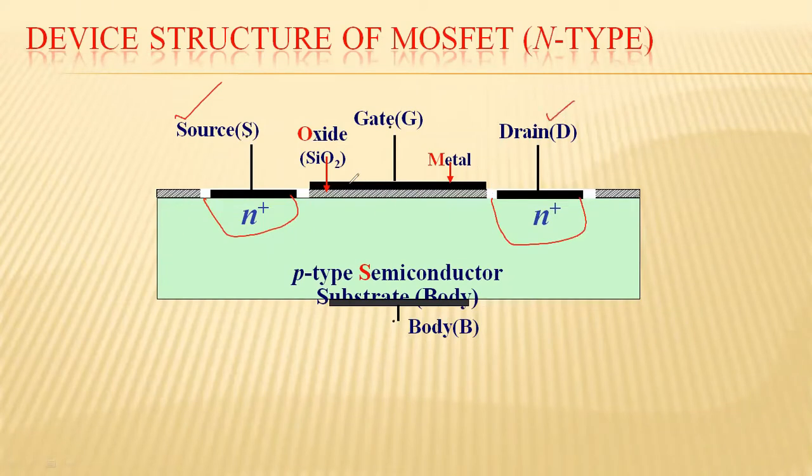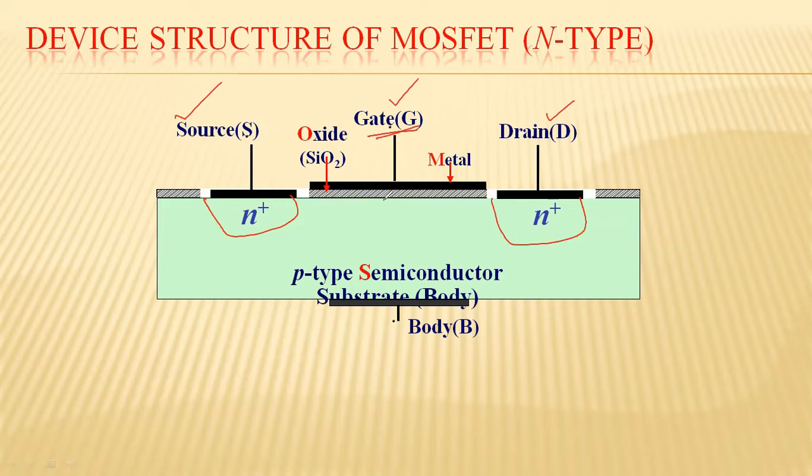And the metal which is deposited over this silicon dioxide in the region between the source and the drain, that terminal is called the gate terminal. In the region between source and drain, on top of this silicon dioxide layer, metal is deposited, which acts as a gate.